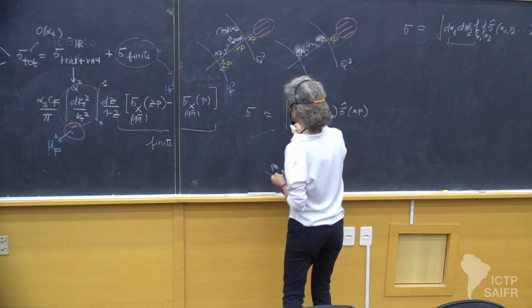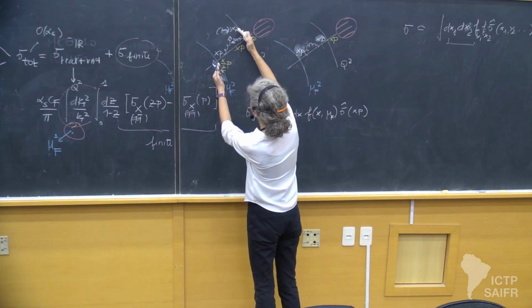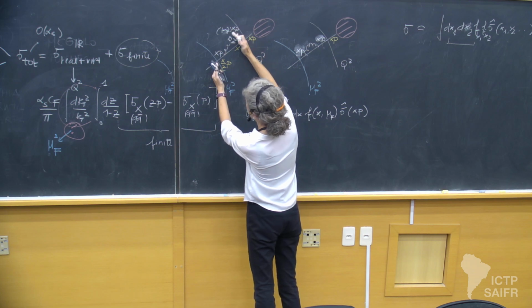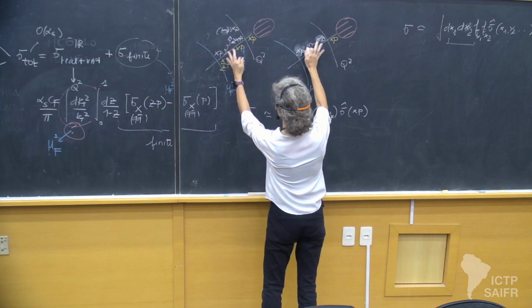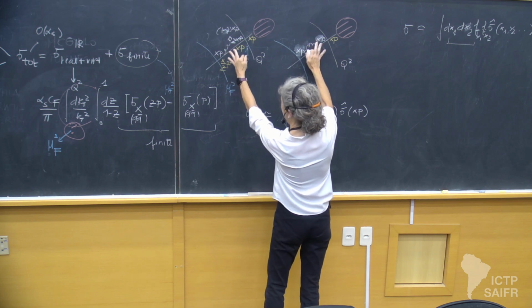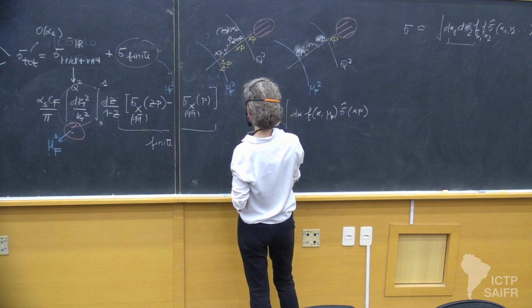Now, this will be our sigma 0. So in the case in which we just start at this level and we do not consider what is happening before. If we start considering what is happening before, we have to pull in these two new objects, and this will give us the order alpha s case, so the sigma 1.